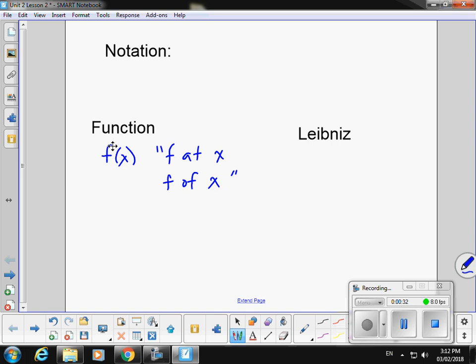And it can be very helpful if we have different functions. We can name them different things like f of x, g of x, h of x, and it can sort out different functions for us. So we were introduced to that in grade 11. If we are finding the slope of the tangent and we are in function notation, we tend to use f prime x to represent the derivative, and we say f prime x or f prime of x.